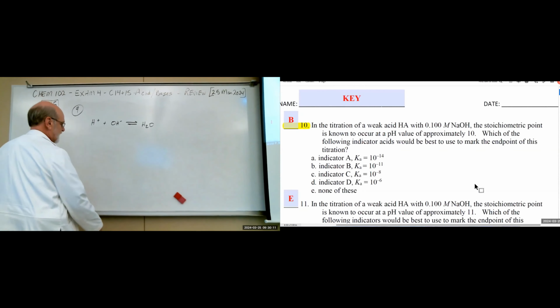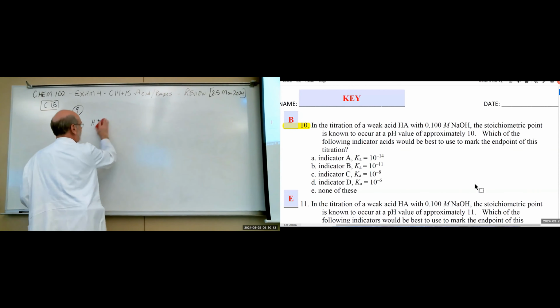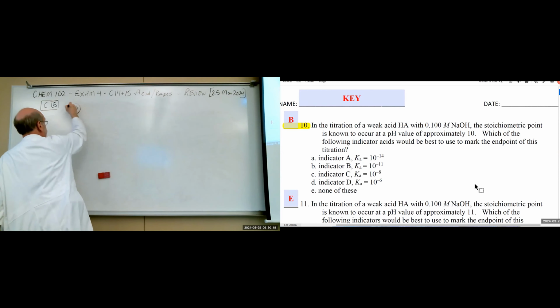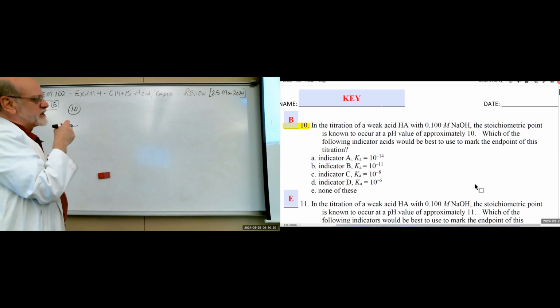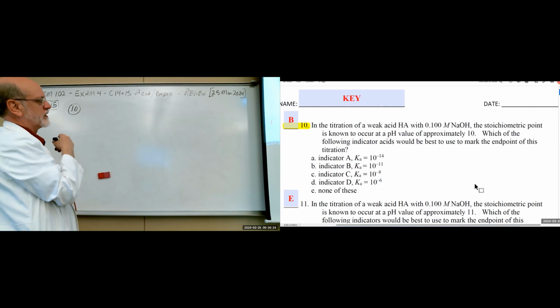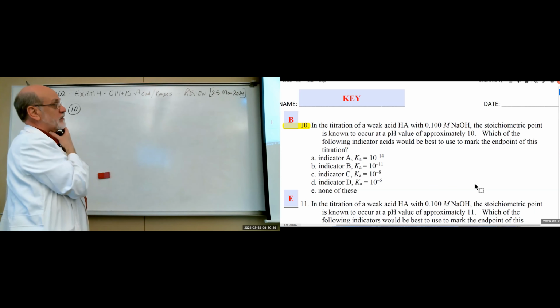All right, how about 10? In the titration of weak acid HA with 0.1 molar sodium hydroxide, the stoichiometric point is known to occur at a pH value of approximately 10.